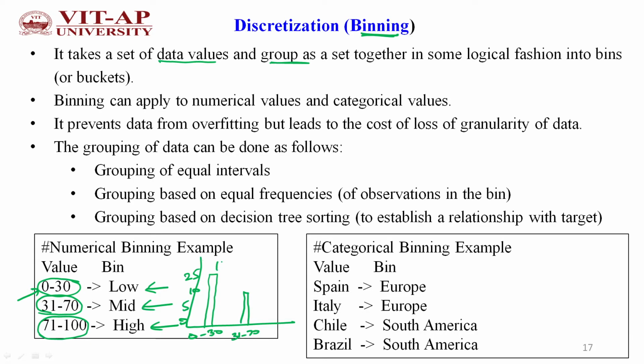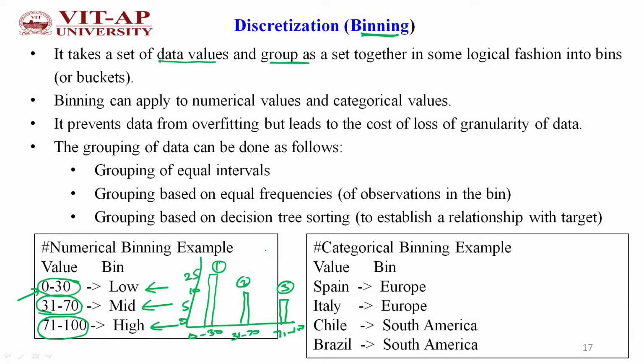Bin number 1, bin number 2. Then for 71 to 100 I have 5 people, and this is bin number 3. So likewise we can make the given data points into groups of data points using the binning method.